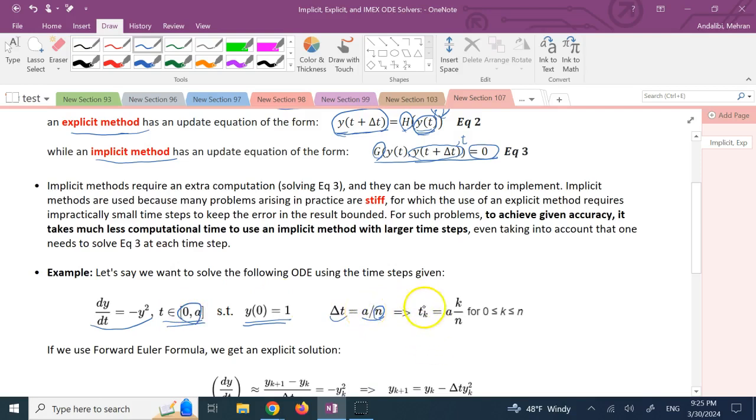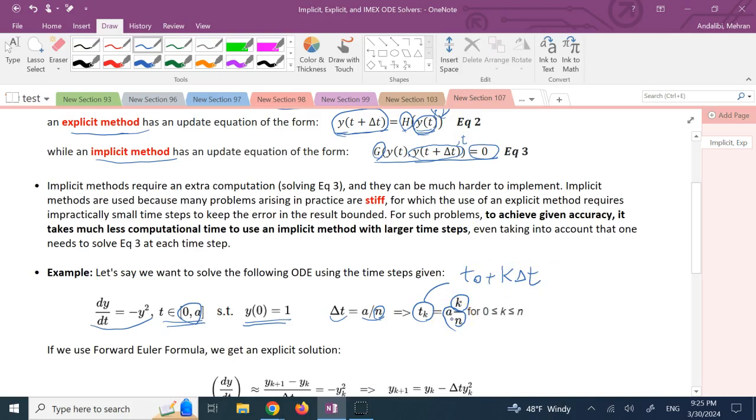So you can say that my sample points tk in general is a over n times k, okay? K times delta t, right? So this is equal to t0 plus k times delta t, and t0 is 0 in this case, and k times delta t becomes ak over n, right?